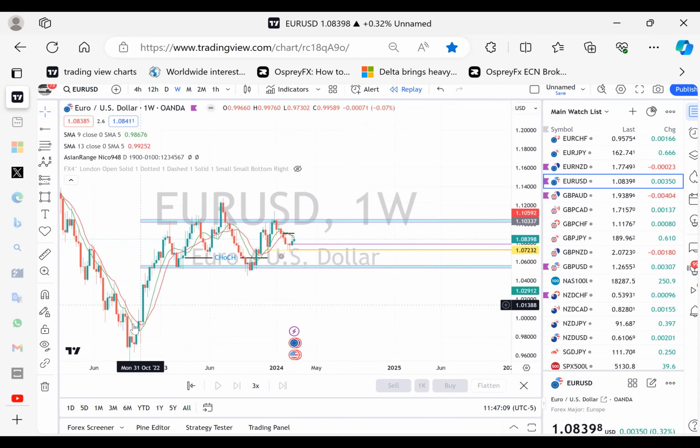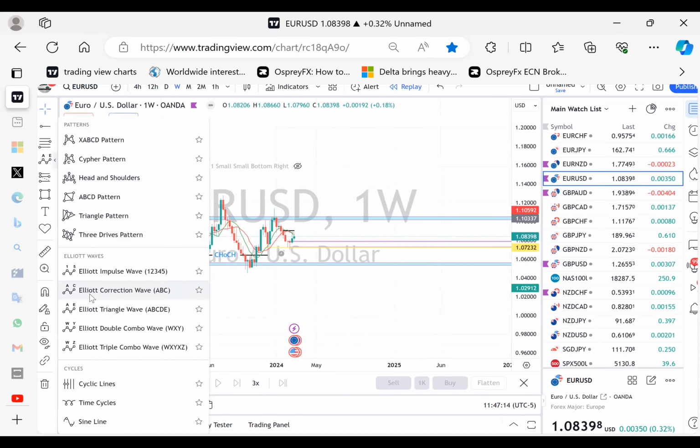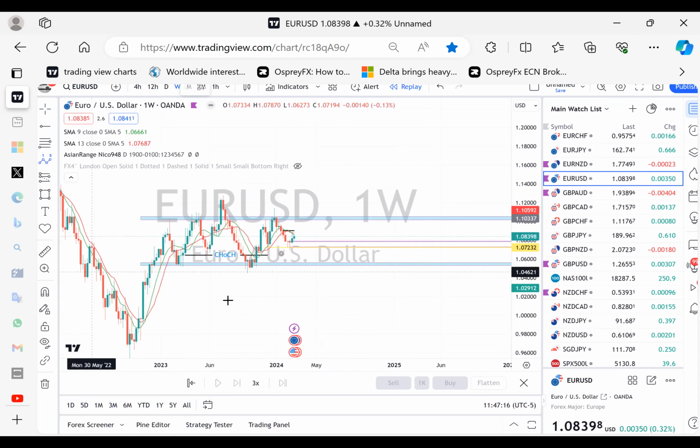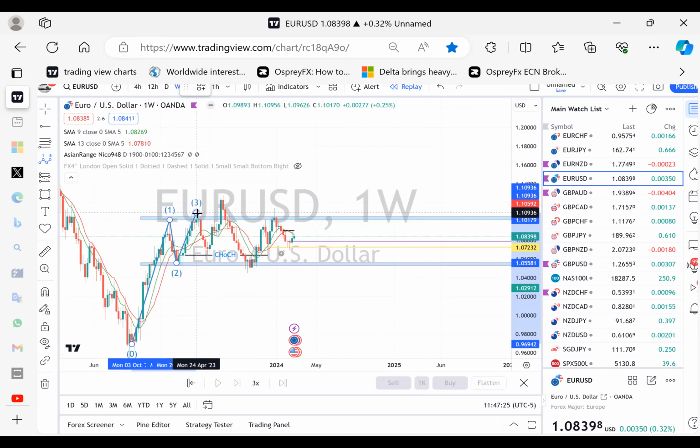For those of you who, well, we just talked about this. The pair came from here to here, pulled back, broke that high, higher low, higher high. Now we broke this low, this internal low, just like we discussed on that video.